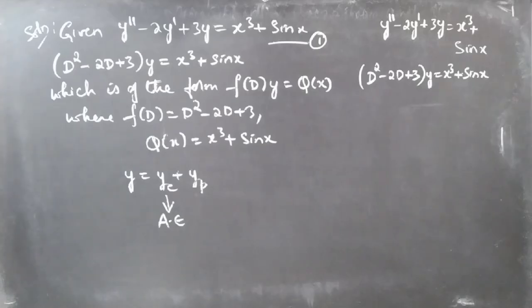Okay, we can use the direct formula or we can go for the trial method. I'll prefer the trial method, which is safe. Fine. Now coming to the auxiliary equation.